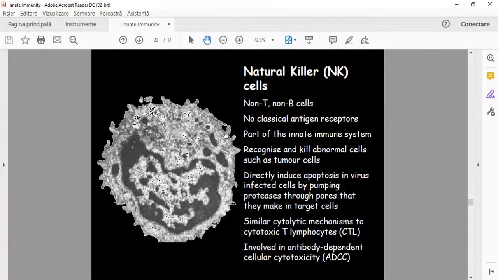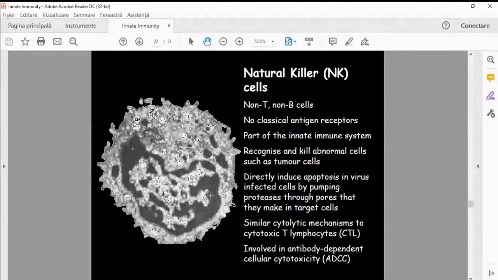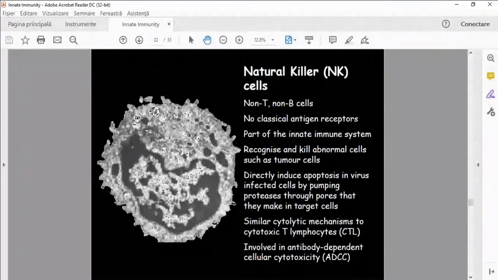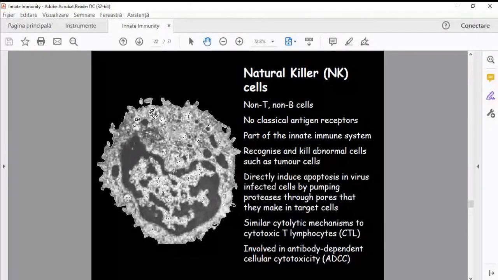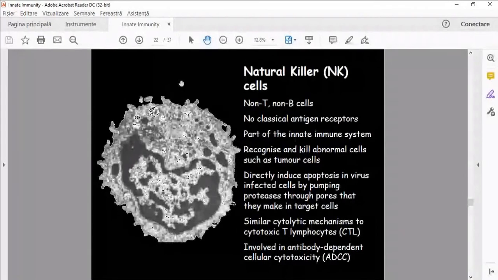They don't express classical antigen receptors. This is very interesting. But they recognize and kill abnormal cells such as virally infected cells, but also tumoral cells, because they are able to recognize damage-associated molecular patterns, and also they are able to recognize self molecules expressed on our tissues.